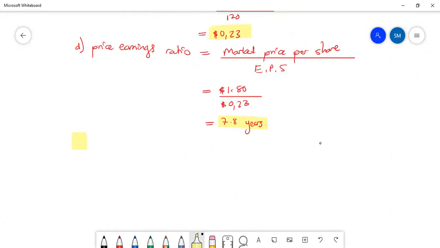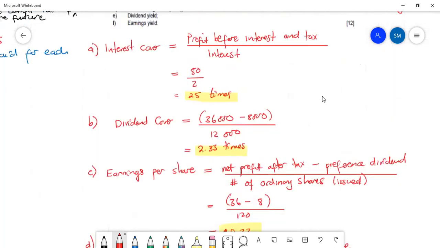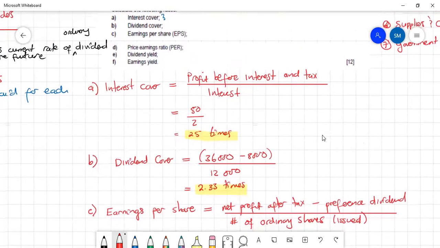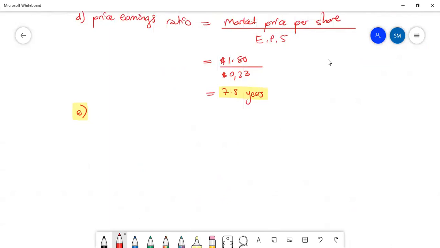And we go on to E. E requires us to calculate dividend yield.